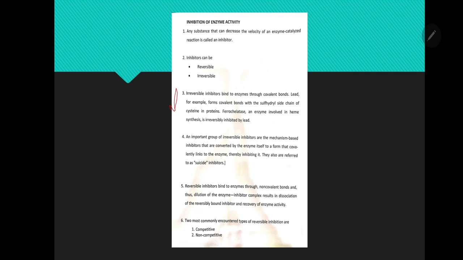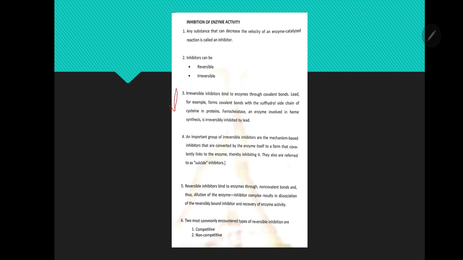They are referred to as suicide inhibitors.